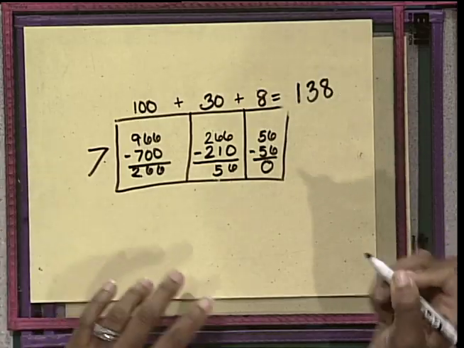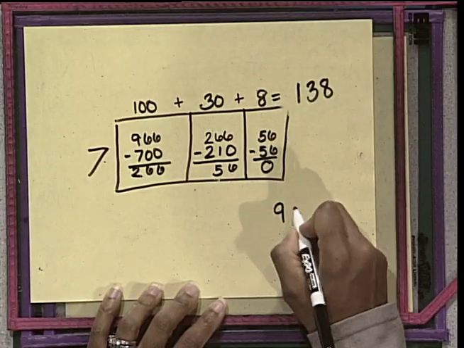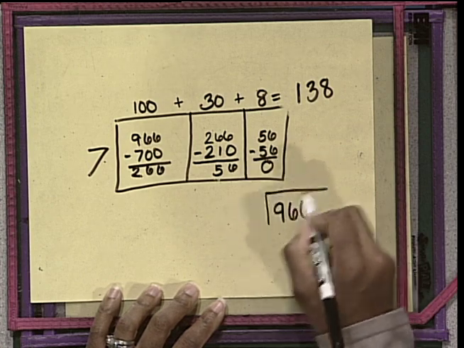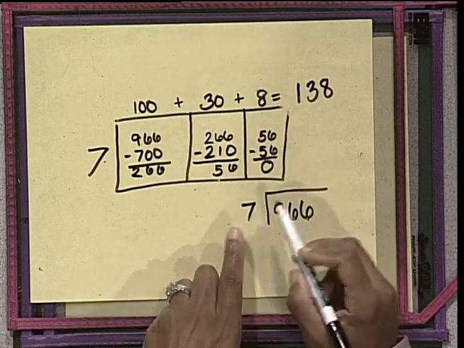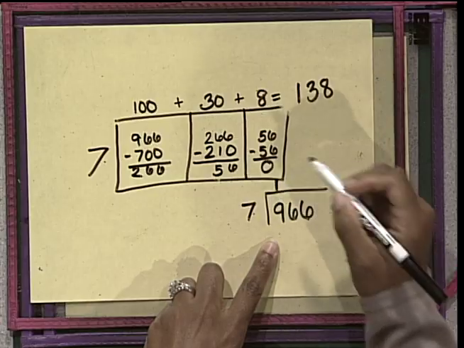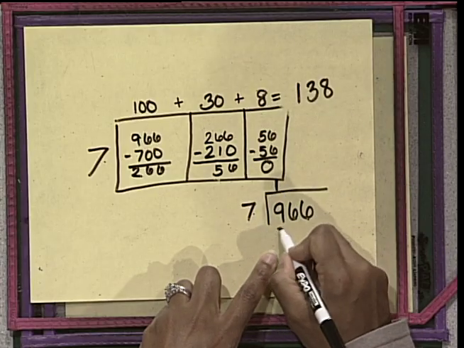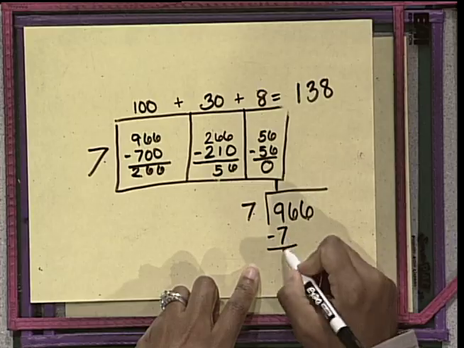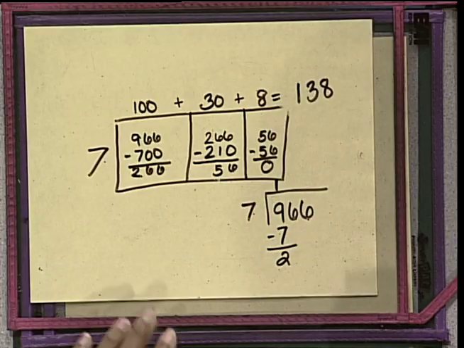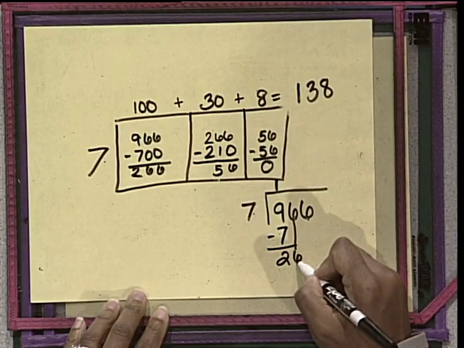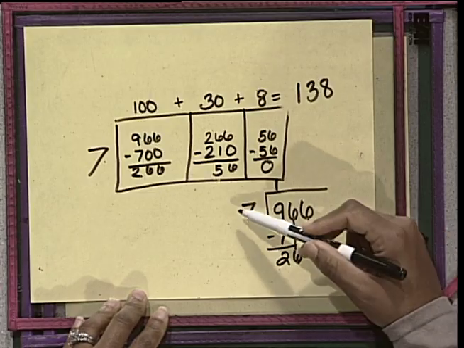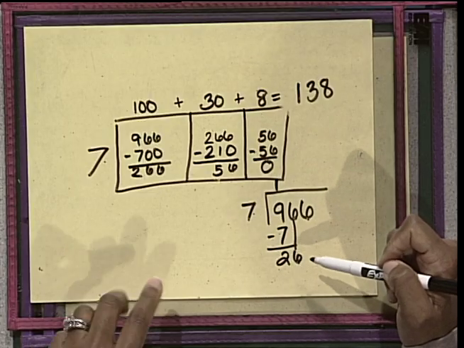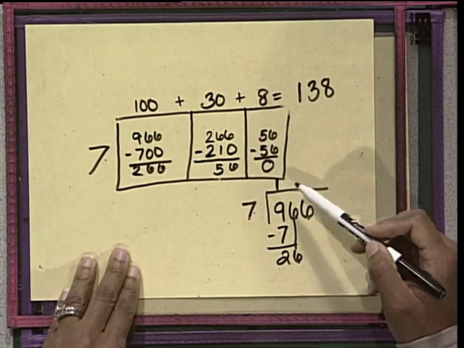Let's see if with the standard division algorithm, we get the same answer. We start with the 9. 7 goes into 9 one time. 1 times 7 is 7. Subtract. 9 minus 7 is 2. Bring down the 6. 26 divided by 7. 2, 3, 4 times 7 is 28.